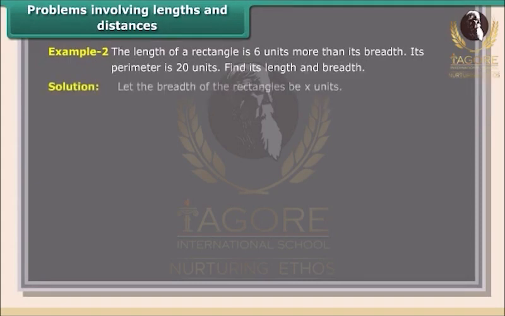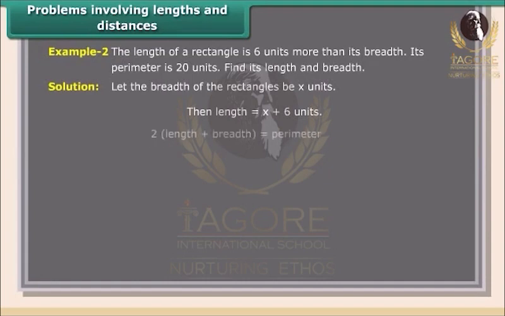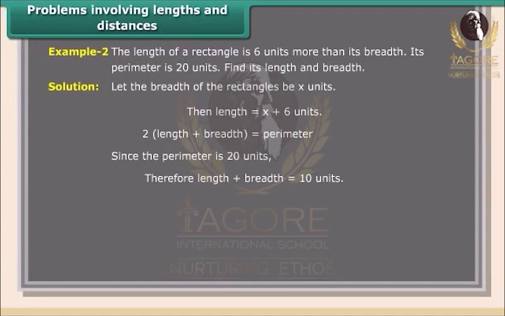Solution. Let the breadth of the rectangle be x units. Then length is equal to x plus 6 units. 2 into (length plus breadth) is equal to perimeter. Since the perimeter is 20 units, therefore length plus breadth is equal to 10 units.